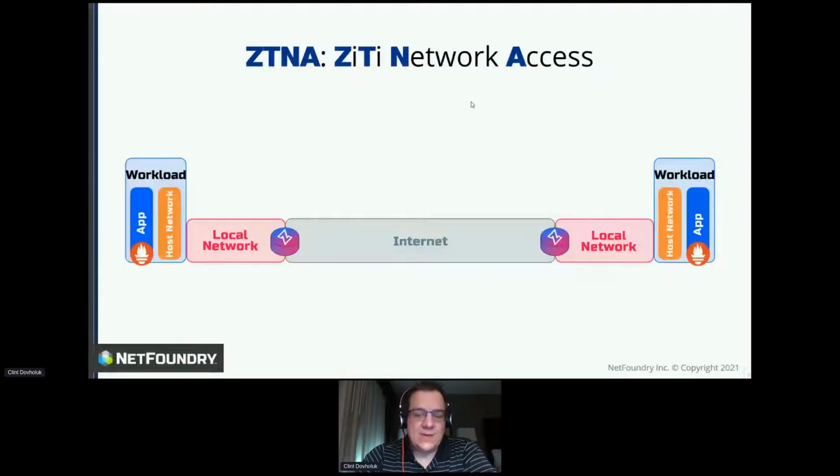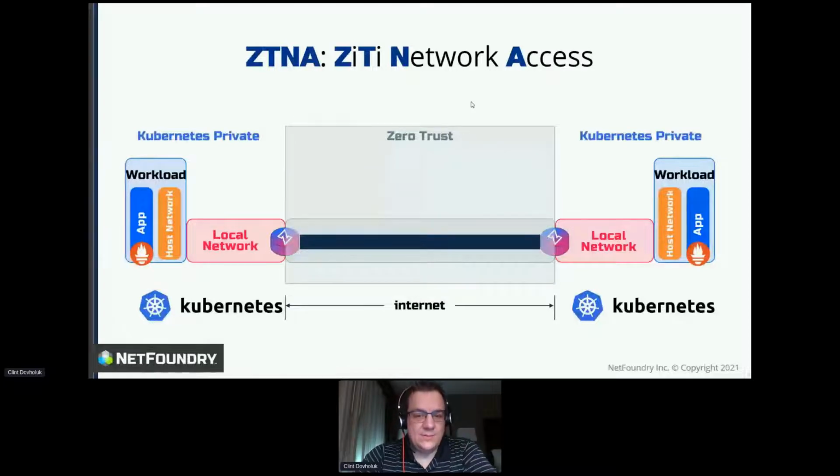Zero trust networking access, this is where you normally would start, right? So going back to Kubernetes, going back to the internet and zero trust, when you put a device, or let's say a pod, into your Kubernetes cluster that provides ingress, you can create a zero trust network between two different Kubernetes clusters by just adding a piece of Ziti into the cluster, and now all of a sudden you'll be able to create zero trust connectivity between two clusters.